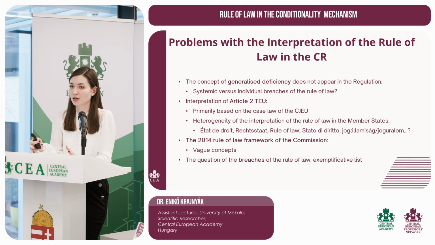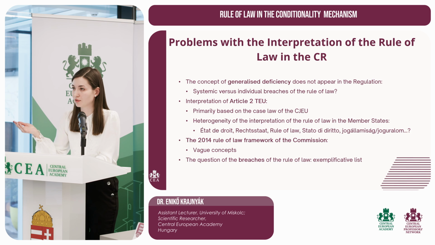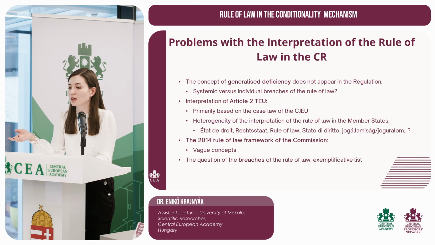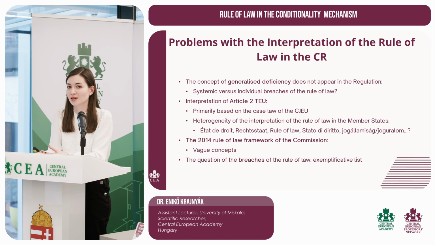So, of course, the core values might be similar or might be the same in the member states, but different constitutional interpretation might focus on different aspects of the rule of law. So I put here a few examples: the État de droit, Rechtsstaat, rule of law, or even the Hungarian jogállamiság can have a different per se understanding of the rule of law.